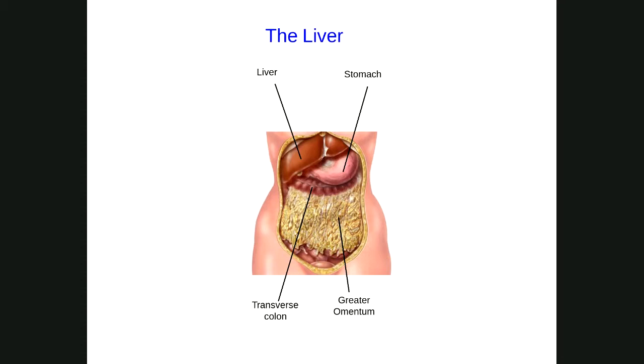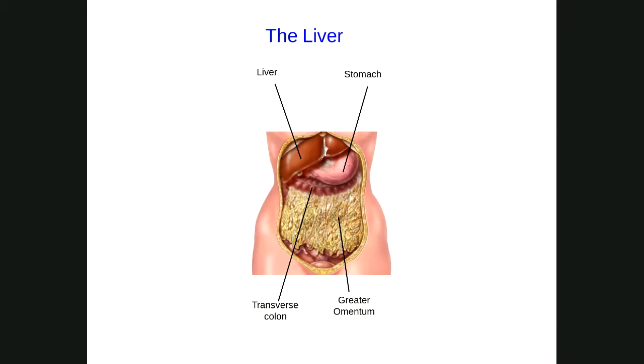As you can see here, it is below the diaphragm on the right side, and in doing an abdominal examination, usually placing the hand and palpating the lower part of the chest on the right side will help to feel the margin of the liver. So the liver mainly is in the right hypochondrium and slightly into the epigastric region, and it is one of the largest glands in our body.